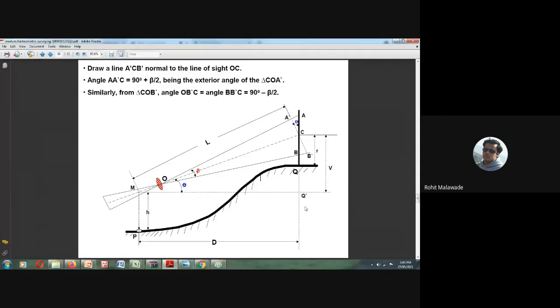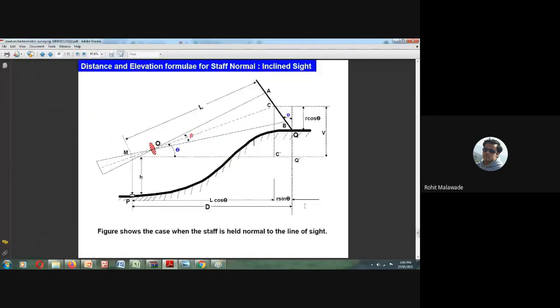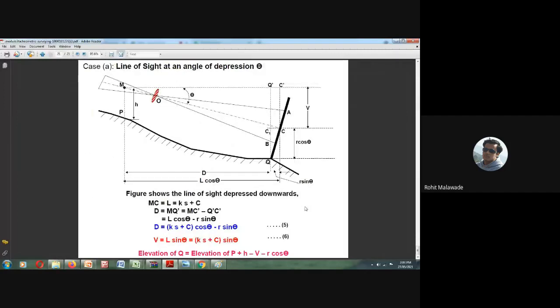This was for the angle of elevation. If we have an angle of declination, we call it the angle of depression.